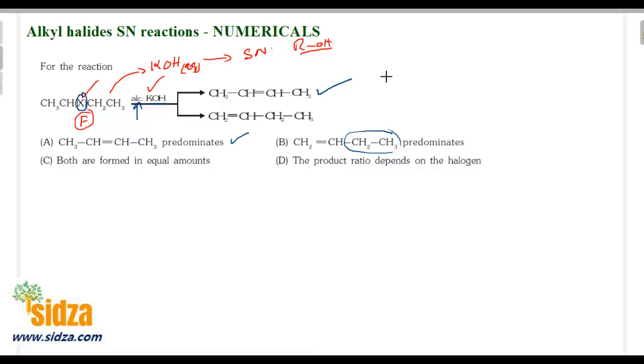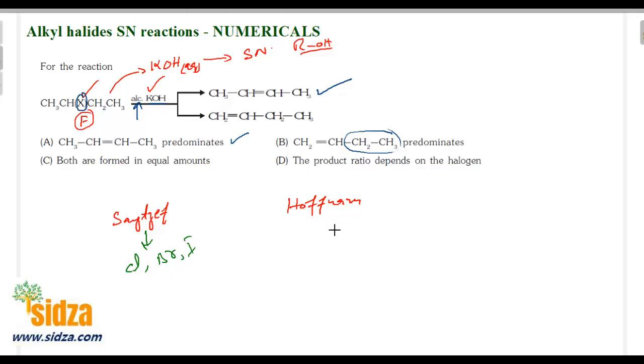So we actually have two principles here. One is the Saytzeff rule, the other one is the Hofmann rule. The Saytzeff rule says the alkene with more substitution will be the major product, but that's only when you have a halogen like chlorine, bromine, or iodine.